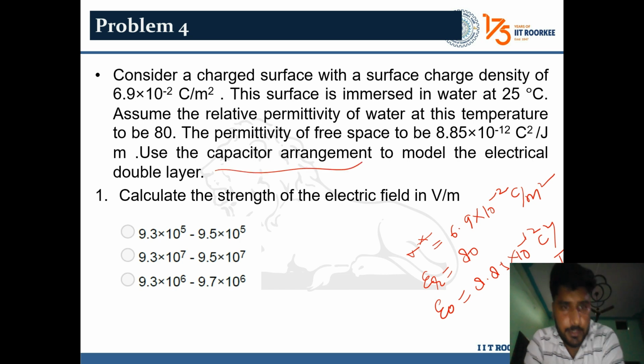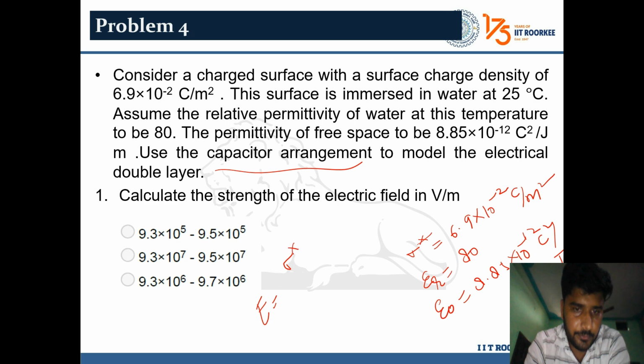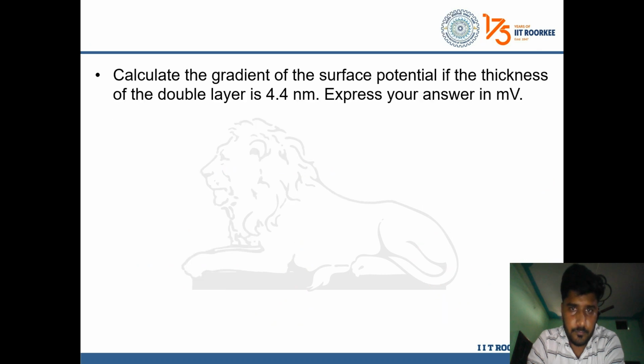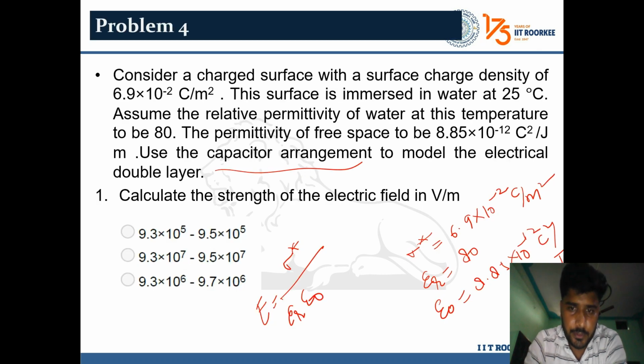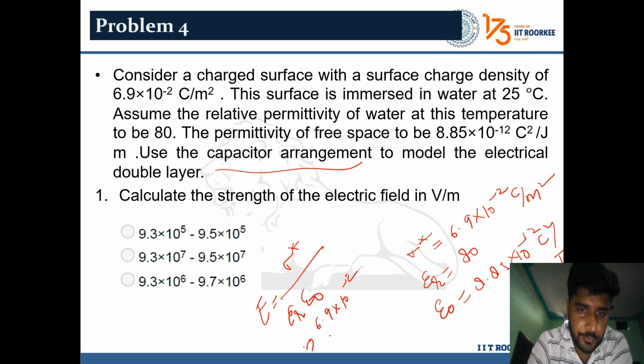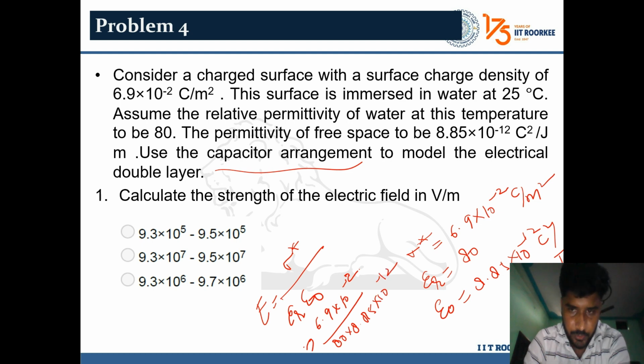So you have to calculate the strength of the electric field. Use the simple formula you have read in your theoretical classes. Let me put these values here. That is 6.9 10 raised to minus 2, divided by 80, multiplied by 8.85 10 raised to minus 12.